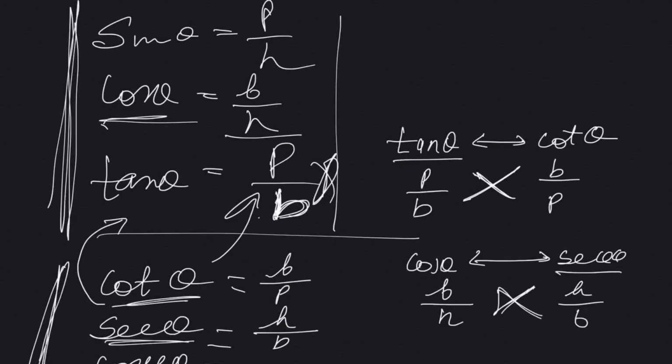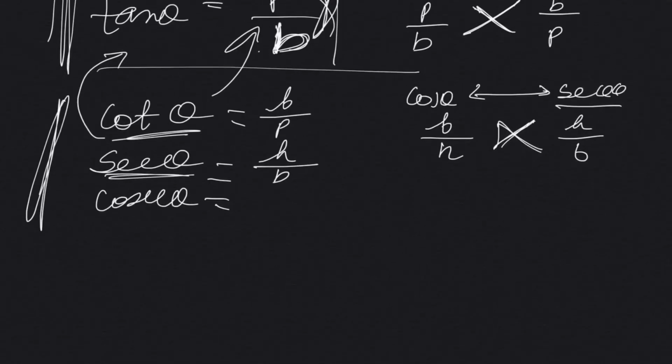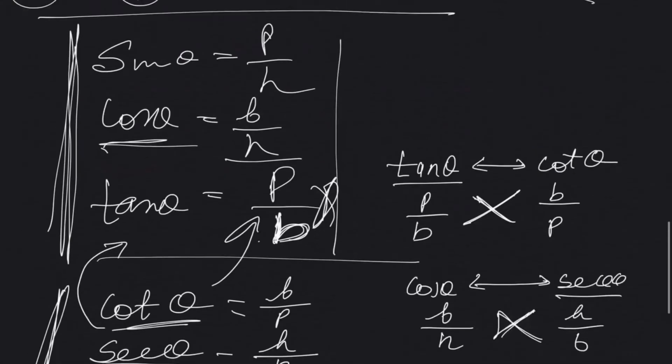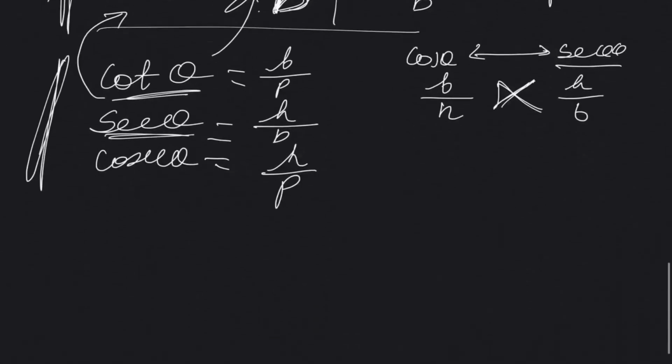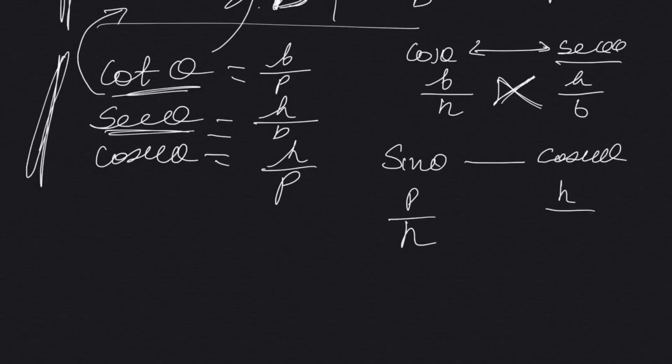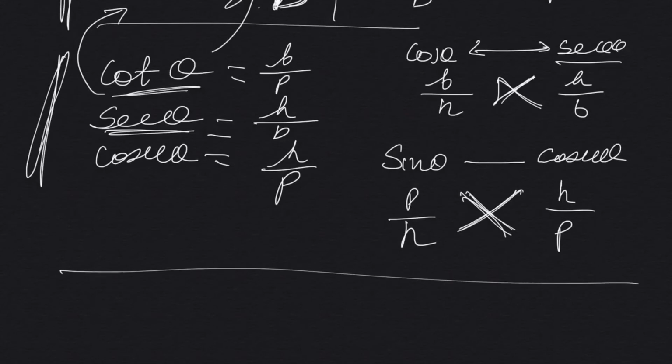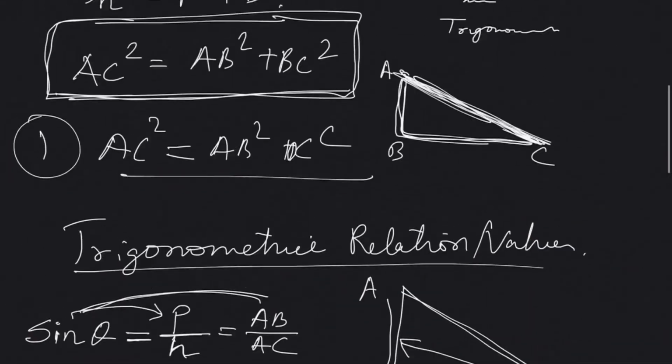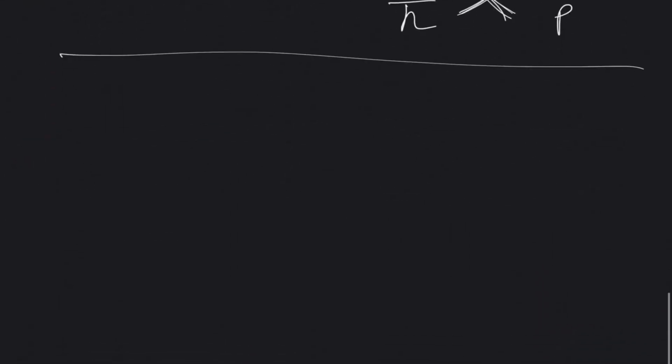Again, the relation is reverse. Cosec theta is hypotenuse by perpendicular, the reverse of sin theta. Sin theta value is perpendicular by hypotenuse, cosec is hypotenuse by perpendicular. There is a relation.